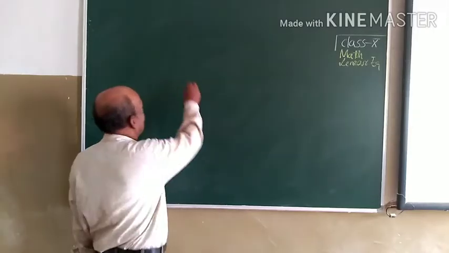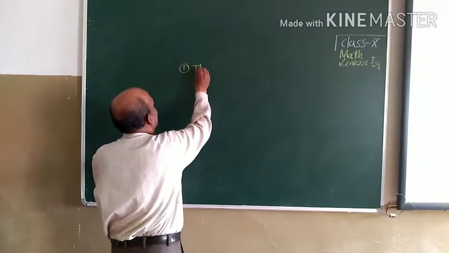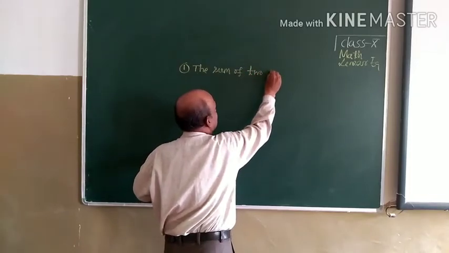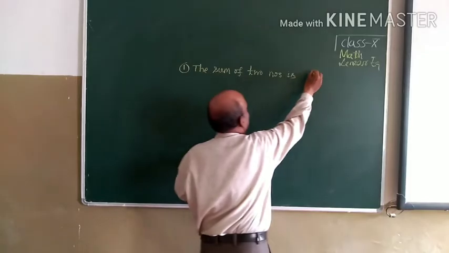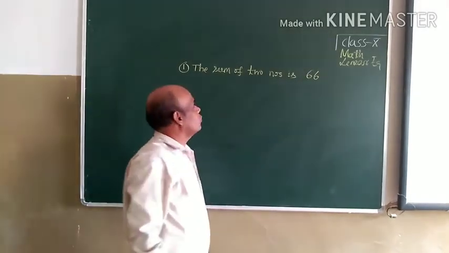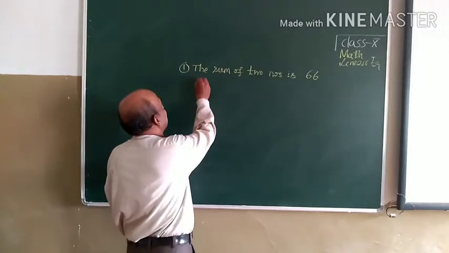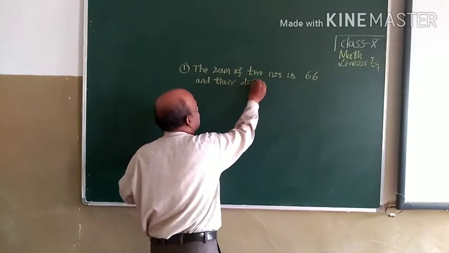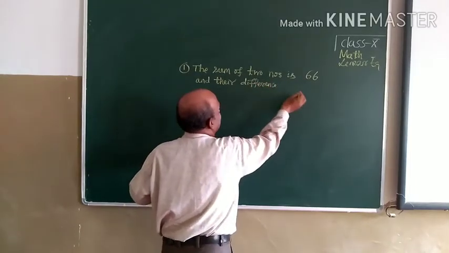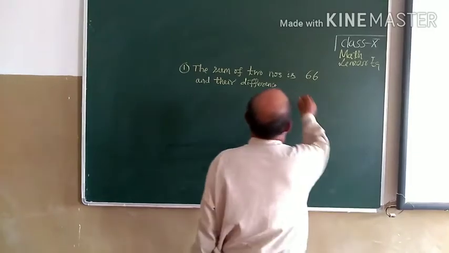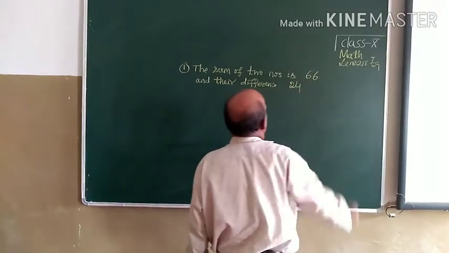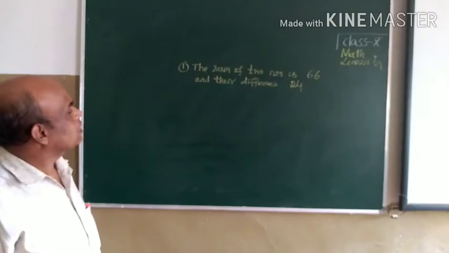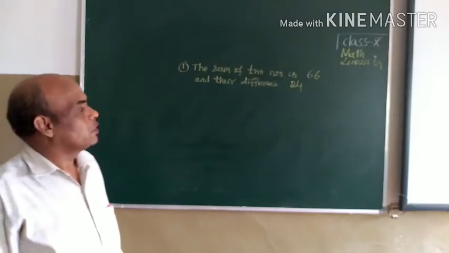Suppose I write a question like this: the sum of two numbers is 66 and their difference is 24.